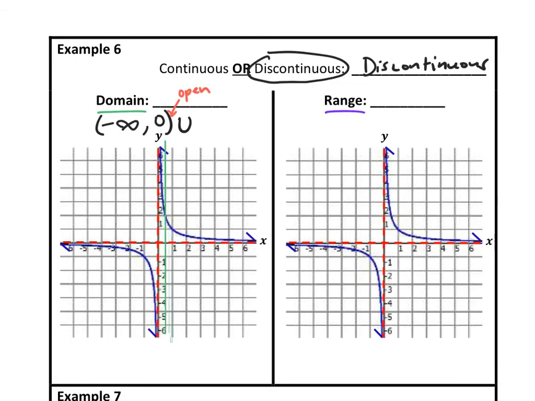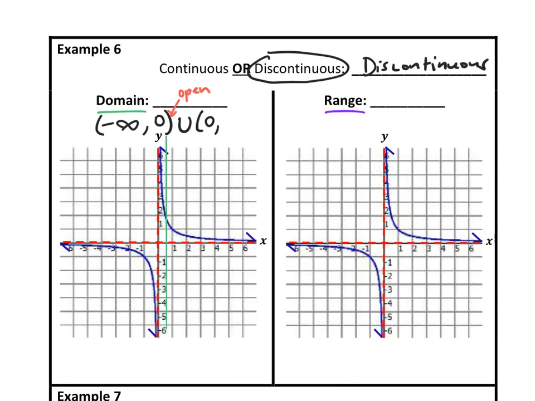This next piece starts at 0. The left piece ended at 0, and the piece on the right starts at 0. That's usually what happens: wherever the last piece stopped, the second piece starts at that point.